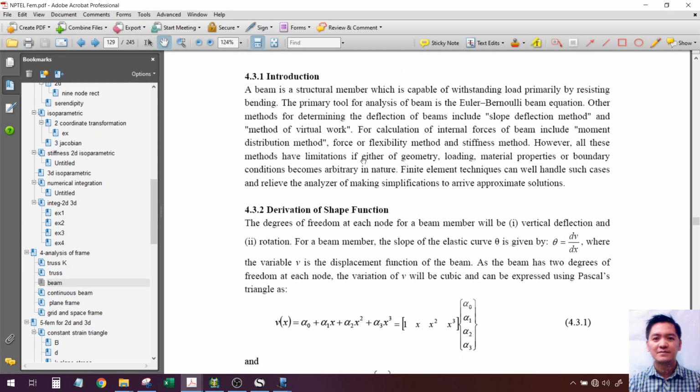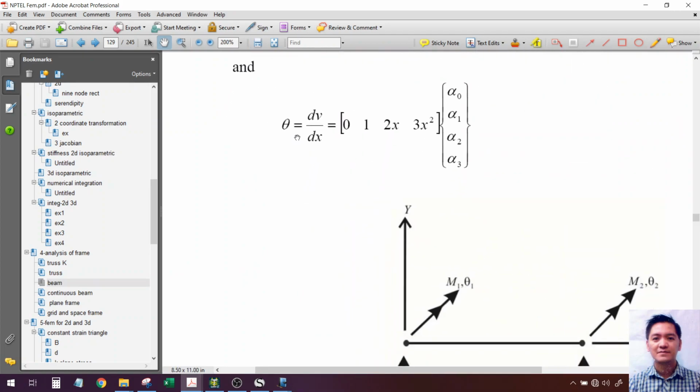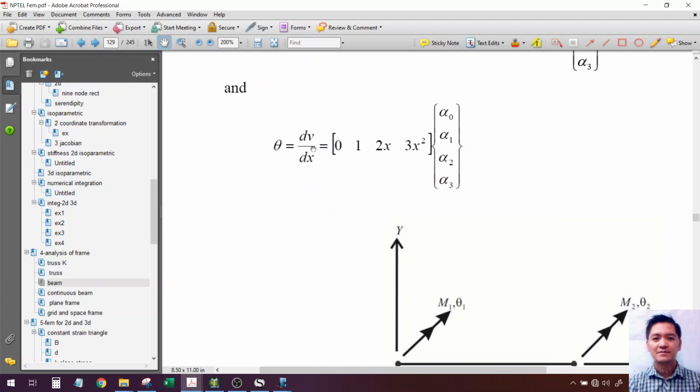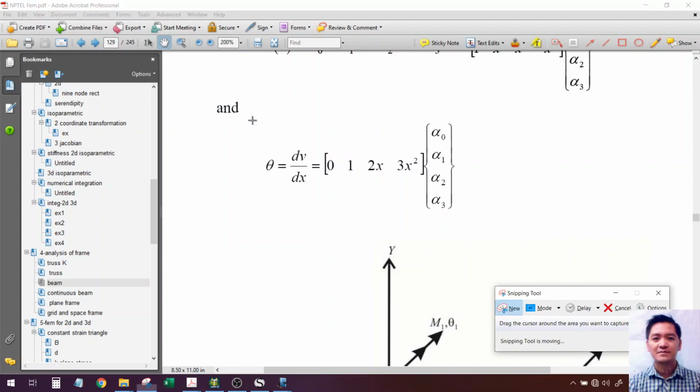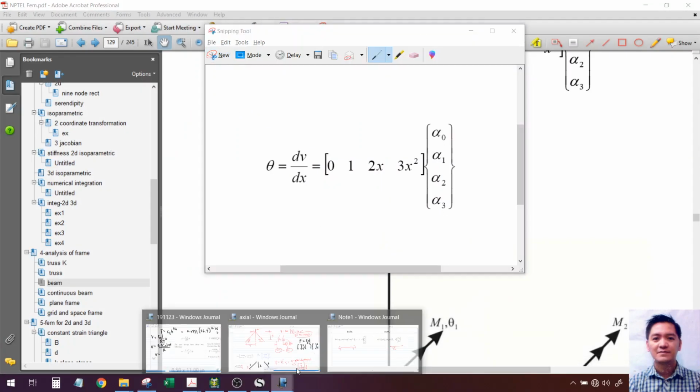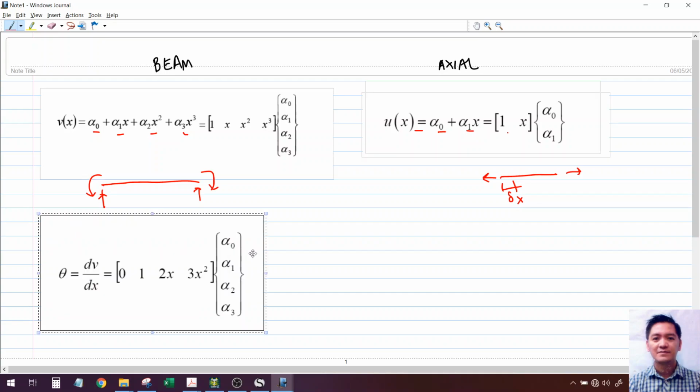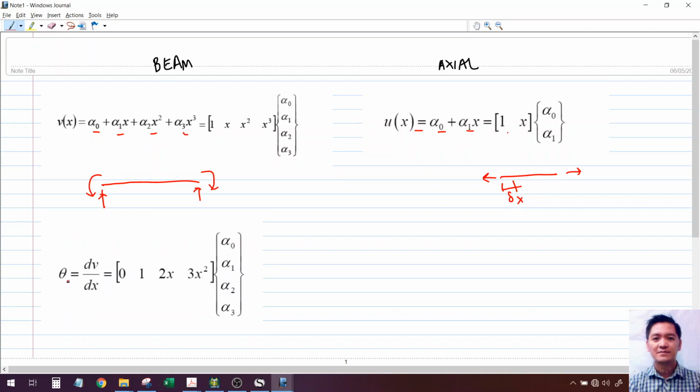Balik ako sa beam. Also, theta is the derivative of V, dv dx. Theta, or the rotation here, is also a function naman ng V. So, paano yun? dv dx, get the derivative.